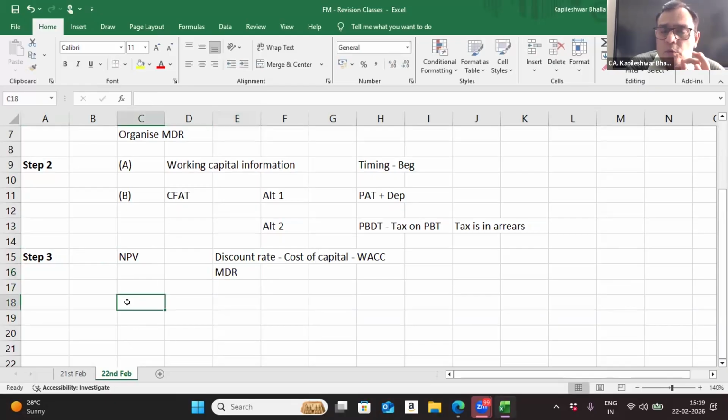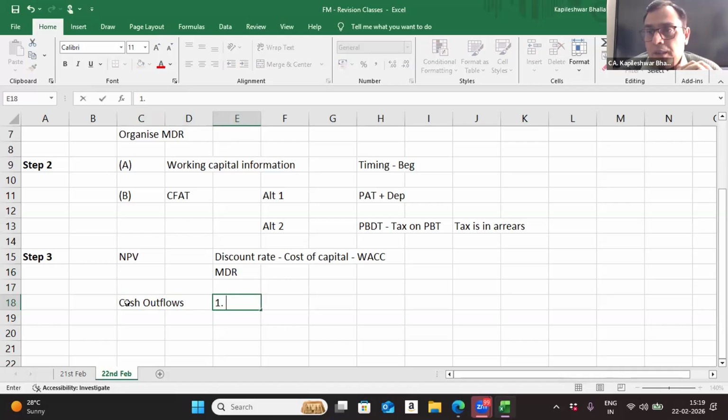Now, let's also come to some more inputs. When you calculate the NPV, there are certain cash outflows. Would you like to tell me what are the cash outflows? What elements are considered in terms of cash outflow? I guess number one, you're going to consider capital expenditure. The first is the capital expenditure, right?